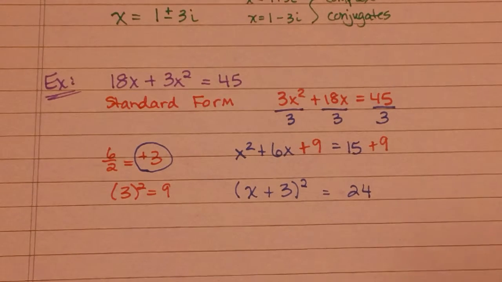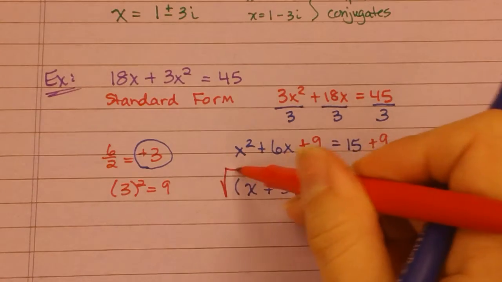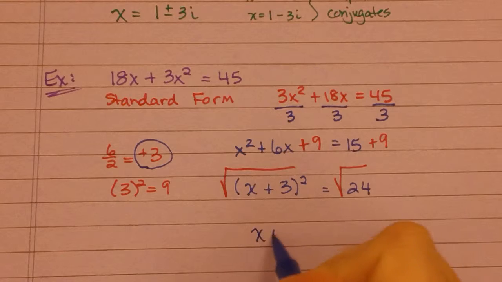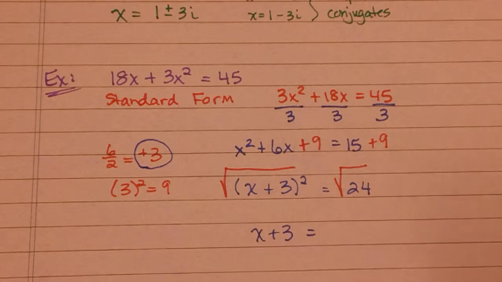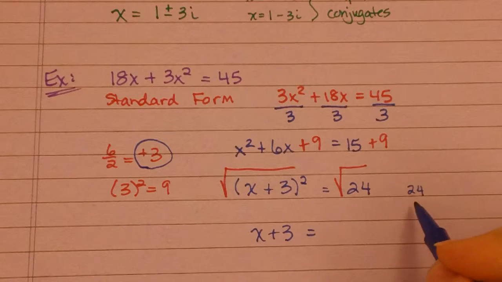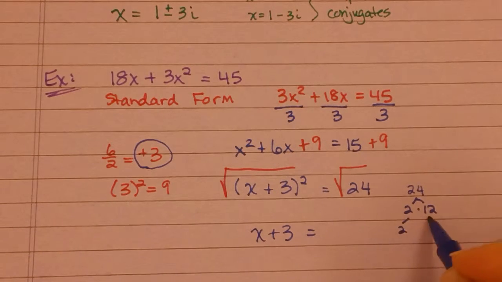And now we have that square root method. Take the square root of the left side, square root of the right side. Square root of x plus 3 squared is just x plus 3. And the square root of 24, 24 is not a perfect square, but it does break down into 2 times 12, and then 12 breaks into 2 times 6.